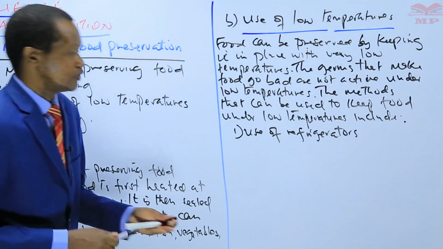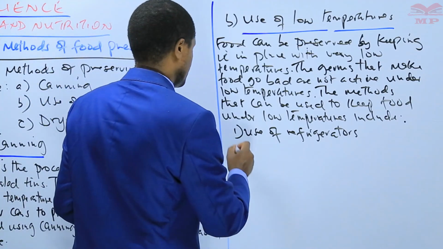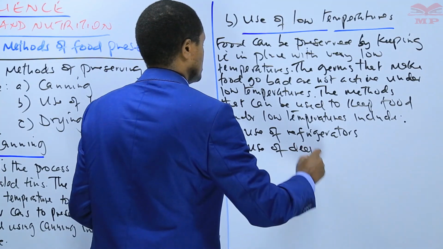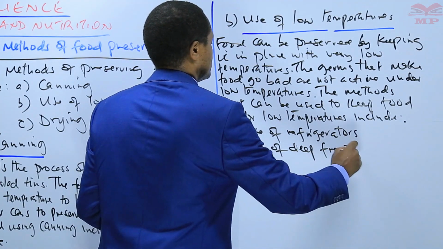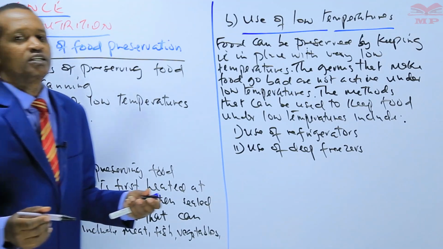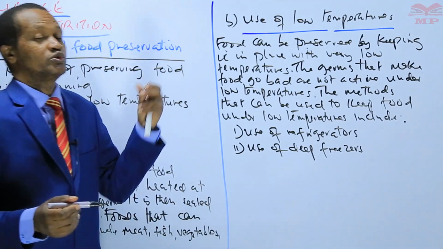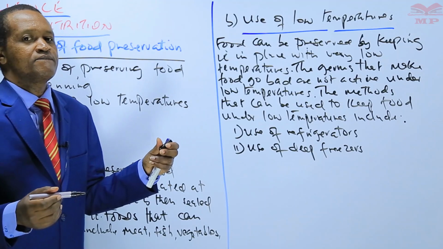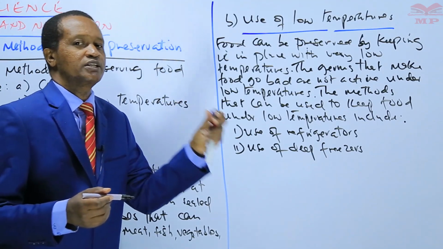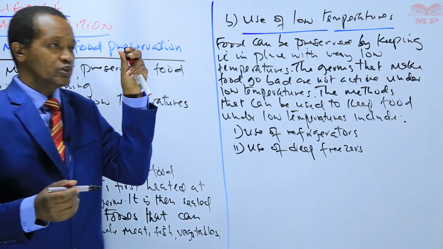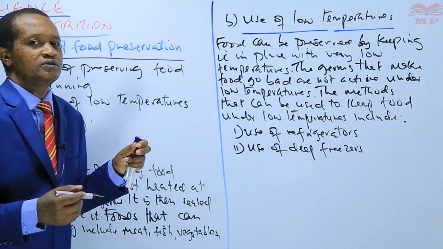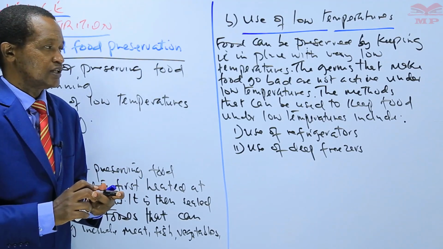Then you have use of deep freezers. Two, use of deep freezers, learners. Deep freezers are used to store food at extremely low temperatures, below 0 degrees centigrade.